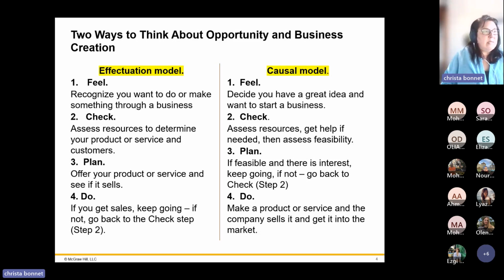Now, I wish these guys had used the empathy model, because then they wouldn't have wasted so much time on a wait and see game. Under the causal model, the step 4 do is they make a product or service and the company sells, and they jump into the market.